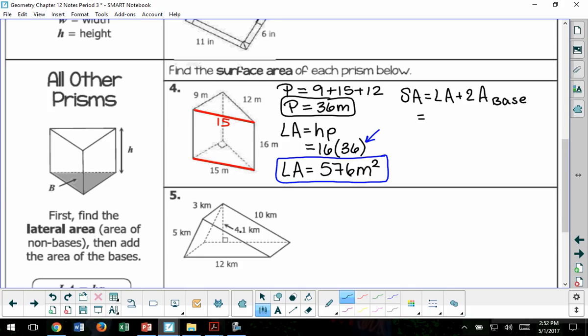Okay, my lateral area is 576 plus 2 times, what is the area? What base, what kind of figure? Triangle? Okay. So it's going to be the area of a triangle.